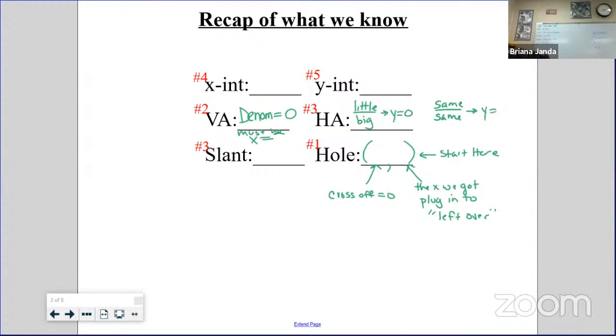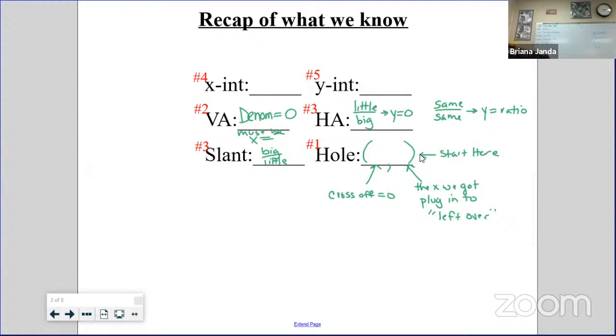And if that happened, it would be y equals the ratio of the leading coefficients, the number in front of our biggest x. Today we will find out what this is all about. Our slant asymptote comes from any time we have a big over little. So we'll learn how to find that today.